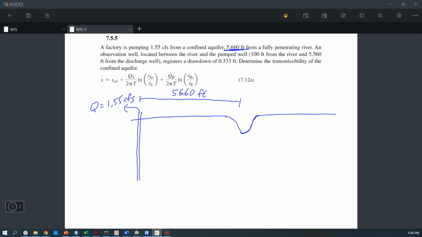And we also have an observation well located between the river and the pump well, and it's assumed to be here, that is 100 feet away from the river. So this part is 560 feet. Okay.